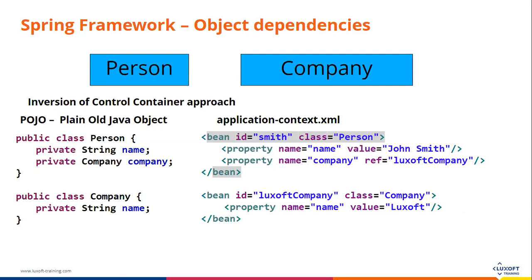We don't see any dependency created at their level. We may see that they are plain old Java objects, like in the old Java times when we were creating classes and not mixing them in any way, or we may shortly name them POJOs. So we have decoupled them. There is no dependency created at the level of the code.